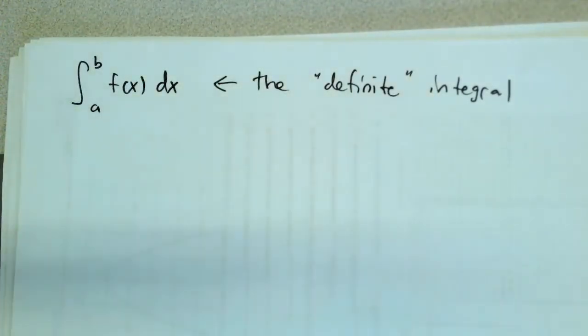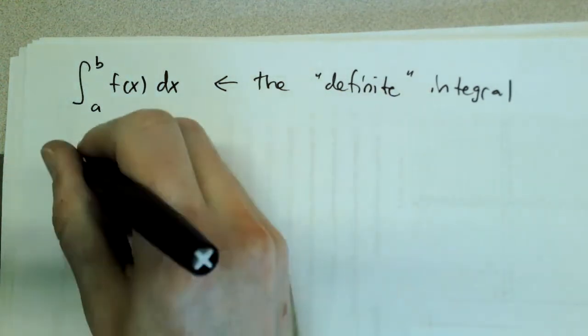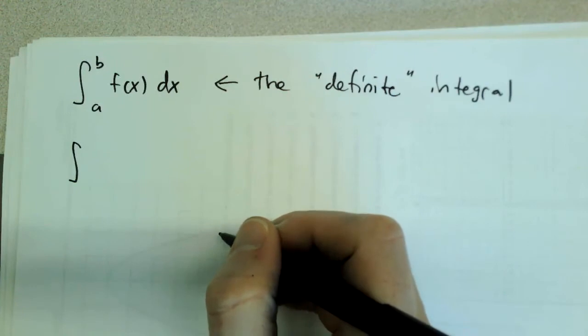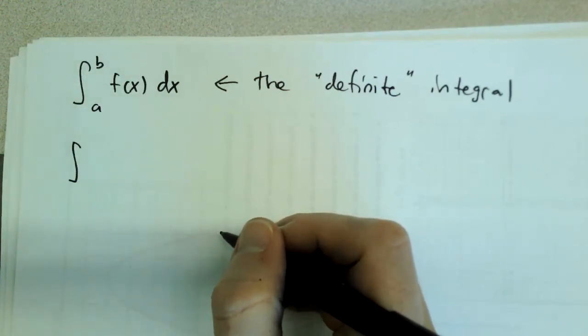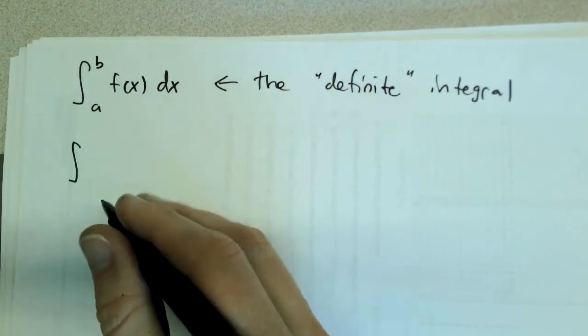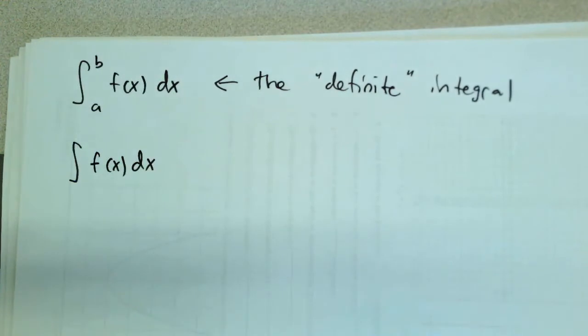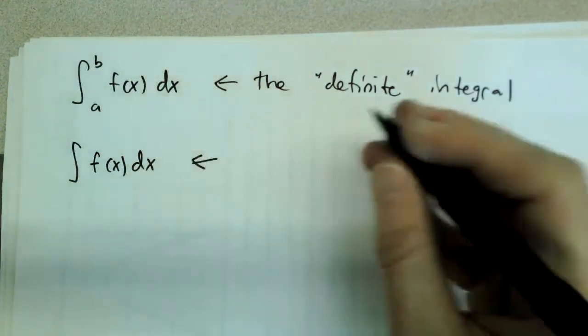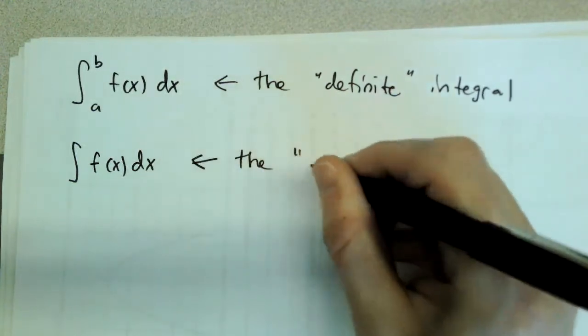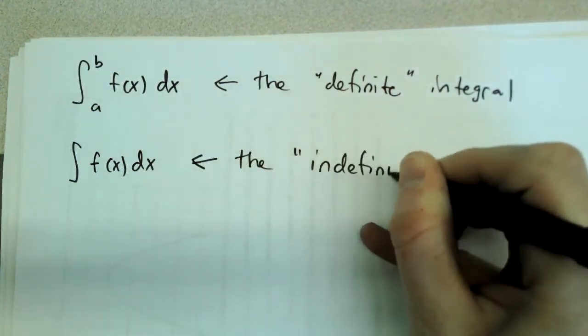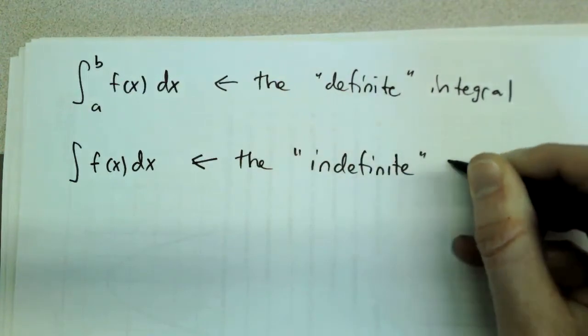So far, the only integrals we've looked at have all been definite integrals. So I'm sure you're wondering what is a not definite integral or an indefinite integral. If I write an integral symbol without any limits of integration, without an a or a b, and I just write the integral symbol, and then I write the function dx, that is what we call the indefinite integral.